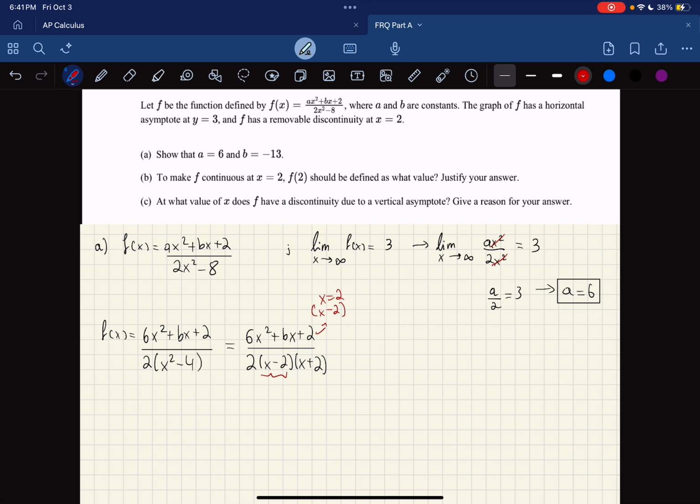Now let's remind ourselves, what does root mean? It means simply, if I replace x with 2, my answer is supposed to be 0.